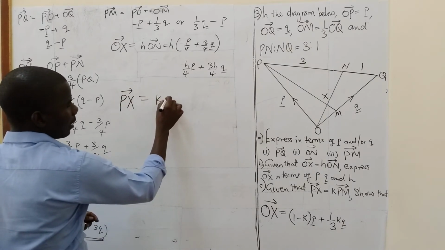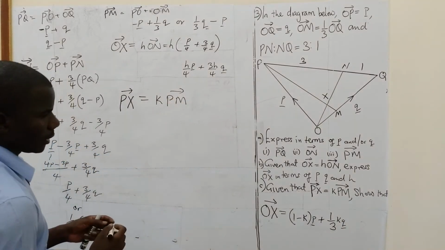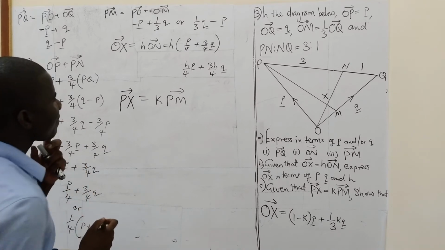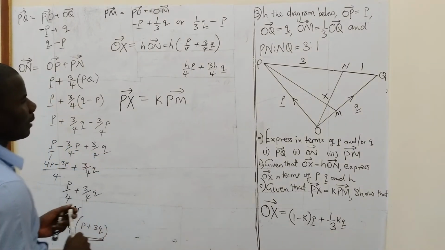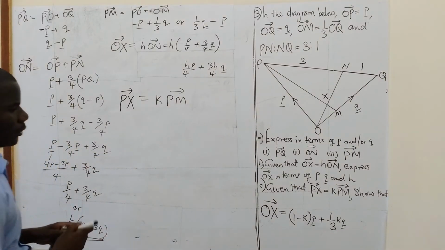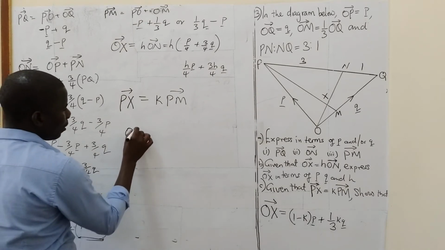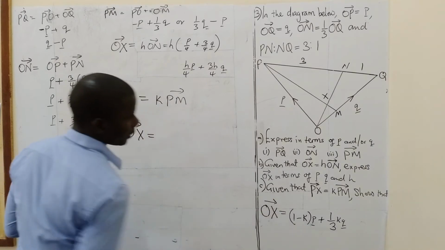K Pm. That's what we are told here. Given that, show that OX is equals to this expression.